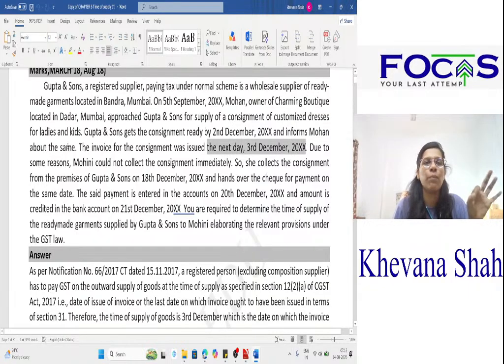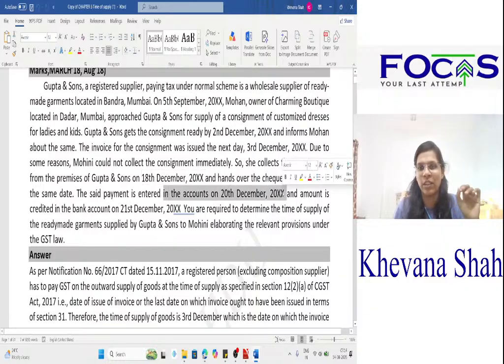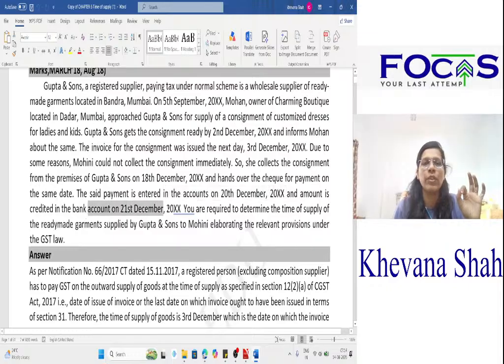Now, due to some reasons, Mohini could not collect the consignment immediately, so she collects it from the premises of Gupta and Sons on 18th of December and hands over the cheque for payment on the same date. Now, the said payment is entered in the books of accounts on 20th December and the amount gets credited on 21st of December.